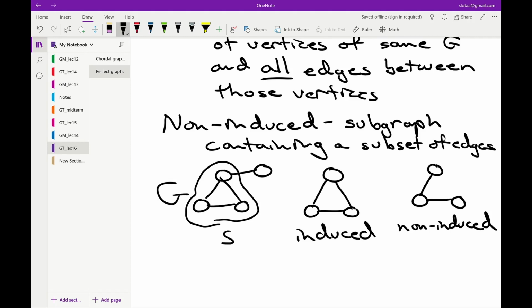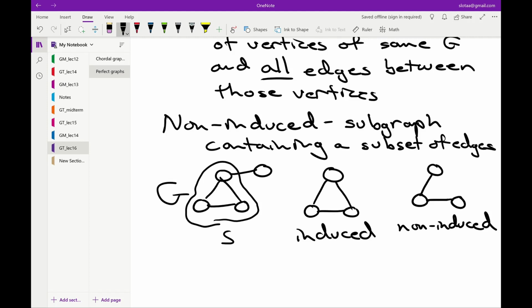If S is the vertices that we've circled there, those three vertices, an induced subgraph considering that vertex set S will contain all edges between all those vertices, whereas a non-induced subgraph will not necessarily contain all edges.